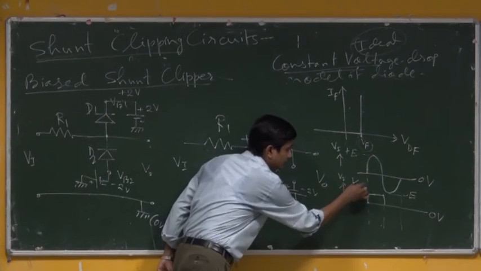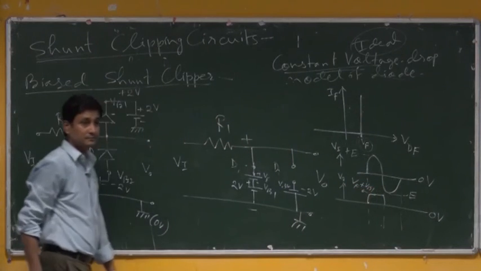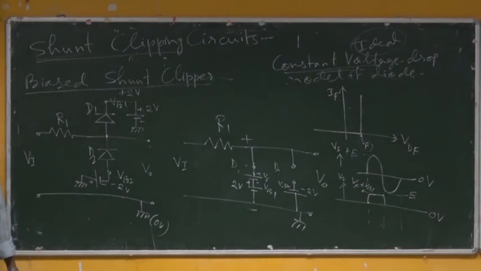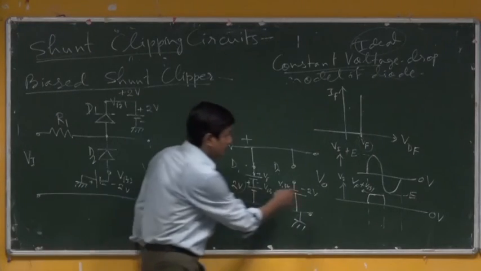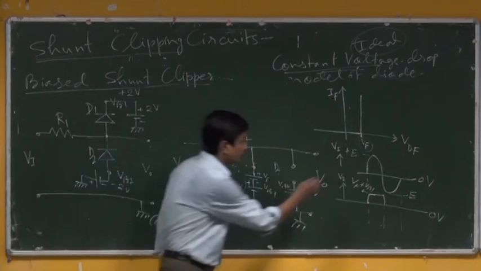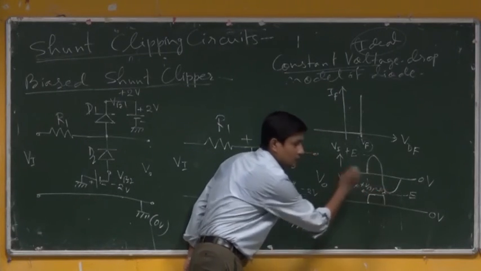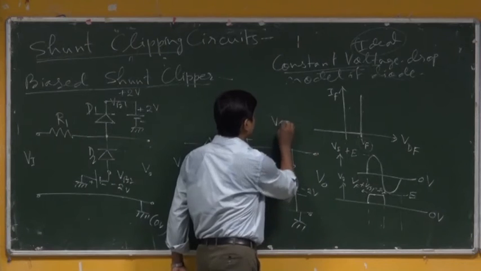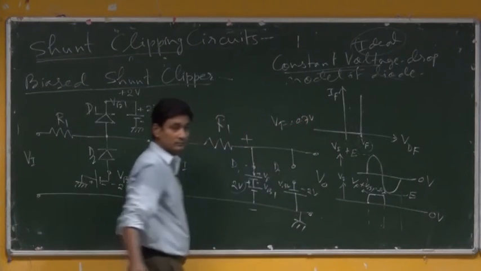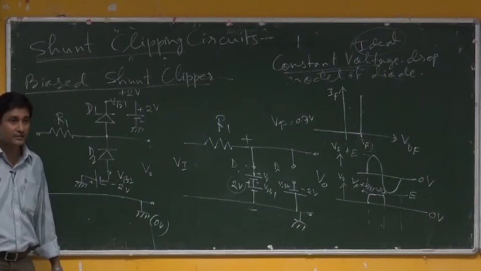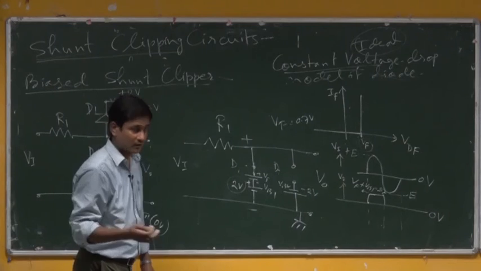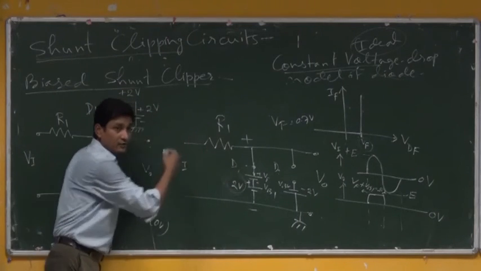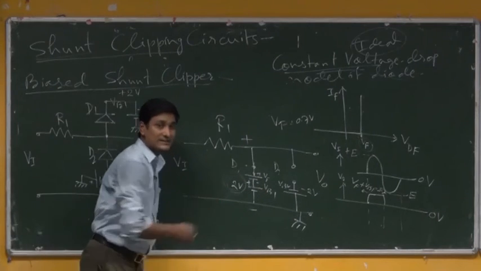VF plus Vb1. Is it not? So, if this is 2 volt and VF is 0.7, what should be the exact value here? 2.7. Say VF equals 0.7 volt. But earlier it was only 0.7. Now, if in place of 2.7 you want 10.7, that hardly matters to you. In place of 2 volt, Vb1 will be considered 10 volt.